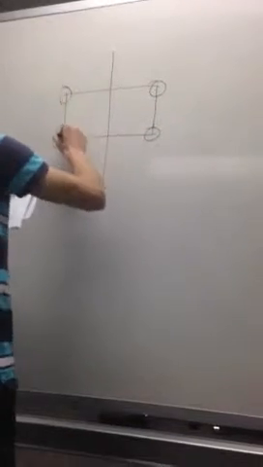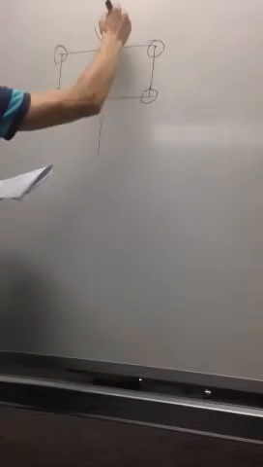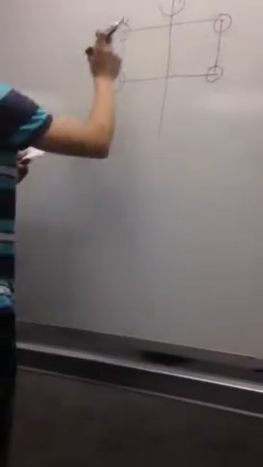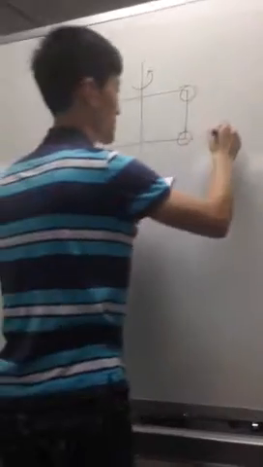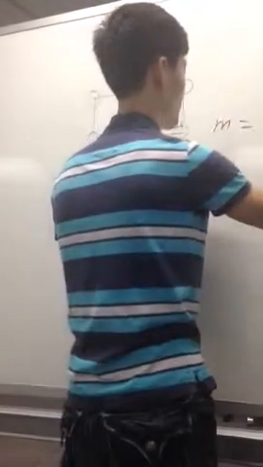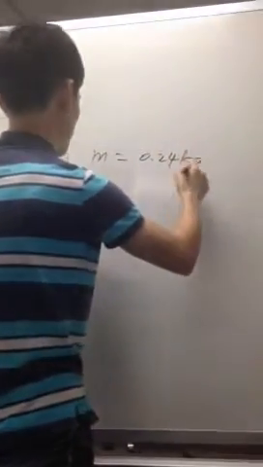This one is, so if you read the question, I don't know if it's easy for you to understand. There are 4 identical particles. The mass is 0.24 kilogram each of them.